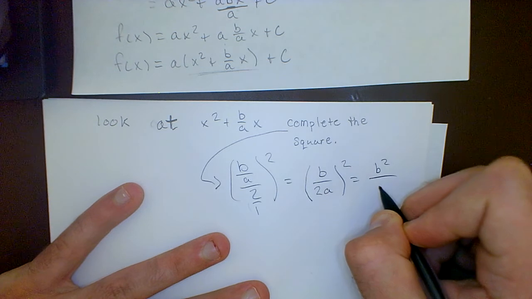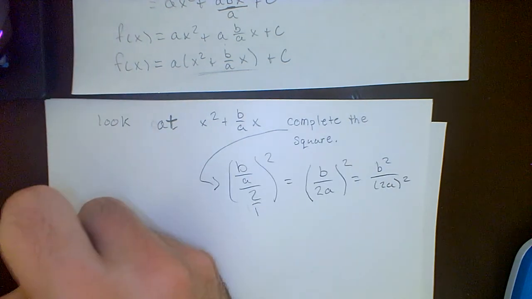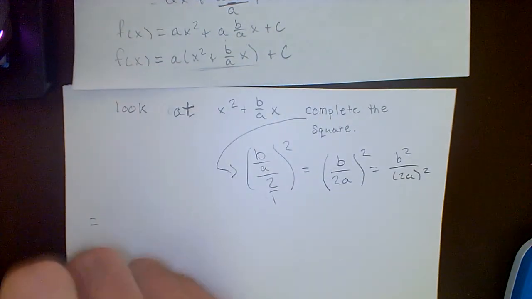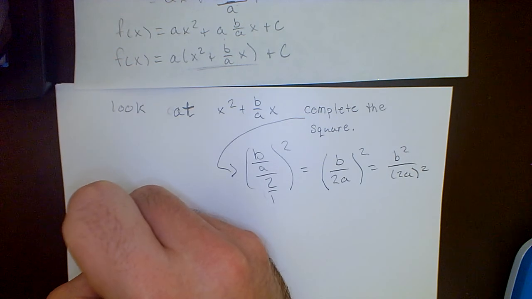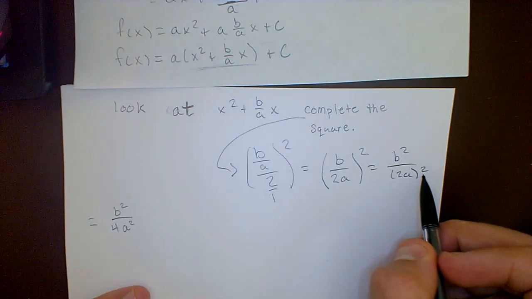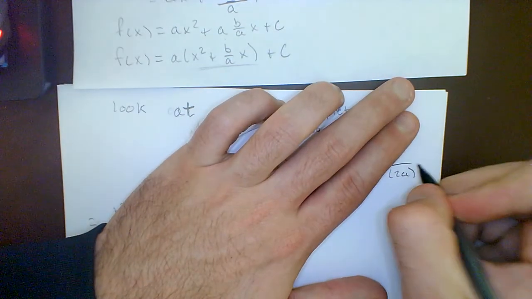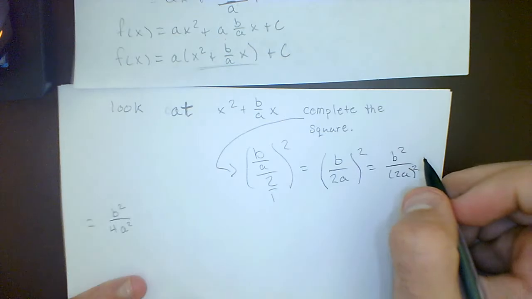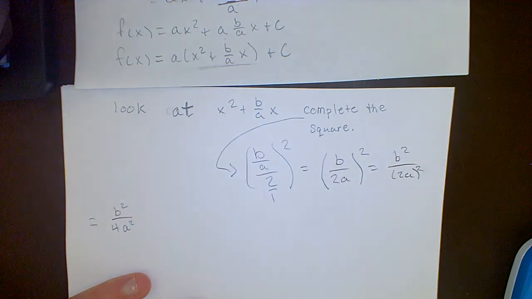So it's the same as b squared over 2a squared, which is the same thing as b squared divided by 4a squared. And when we're multiplying two numbers that have the same exponent, 2 squared, we can distribute it to both numbers there.